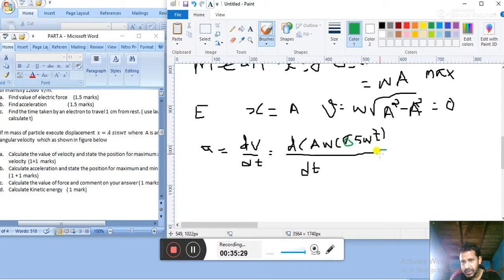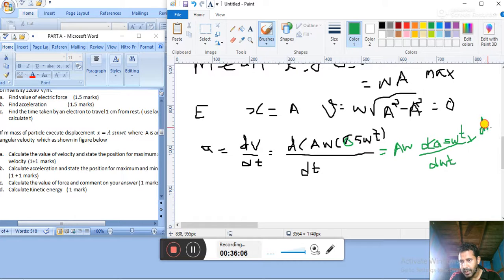Now do the derivative. A and omega are constant, so they come out front, and I use the chain rule: d cos omega t by d omega t, into d omega t by dt.